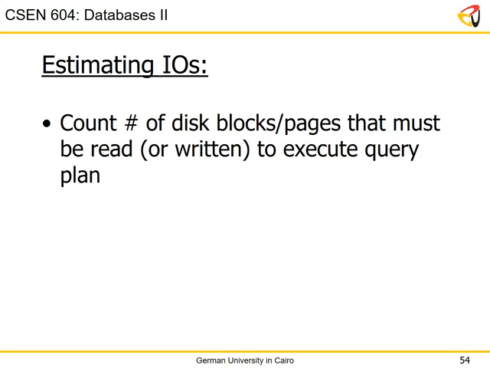So it's not going to actually run it and see how many times it did it. It's going to do something similar to what we have seen in lecture 7. It's going to estimate the number of input-output operations, or simply the estimation of how many times the hard disk arm moves.